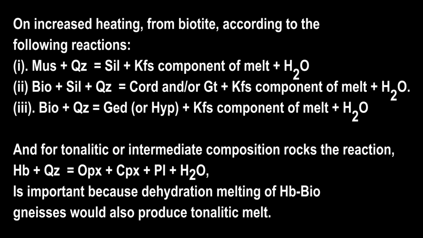Third reaction, biotite plus quartz gives rise to cordierite or hypersthene plus potash feldspar plus water. And for tonalitic or intermediate composition rocks, the reaction hornblende plus quartz gives rise to orthopyroxene plus clinopyroxene plus plagioclase plus water is important, because dehydration melting of hornblende biotite gneisses would also produce tonalitic melt.